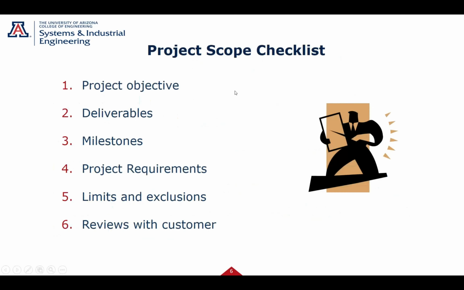So what do we usually put in a scope definition? And again, you might have a little difference in each of your companies, but it's going to be something like this. What's the objective of the project? What are the deliverables? You need to make these specific. Again, like I said, it may be the product, but it may be supplies with the product, training manuals, video, whatever. What are the deliverables? What are the milestones? What are we going to measure? This is key for longer projects. If you've got a 3-month project, it may not be so important.